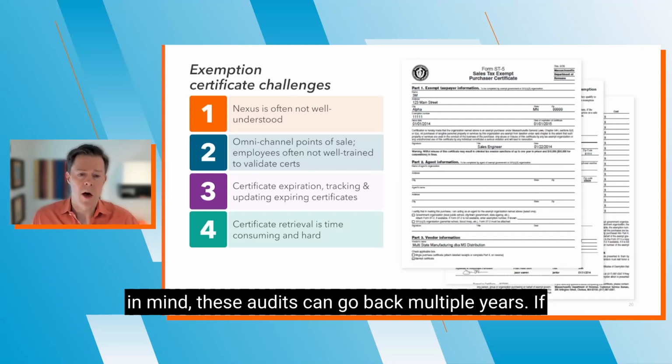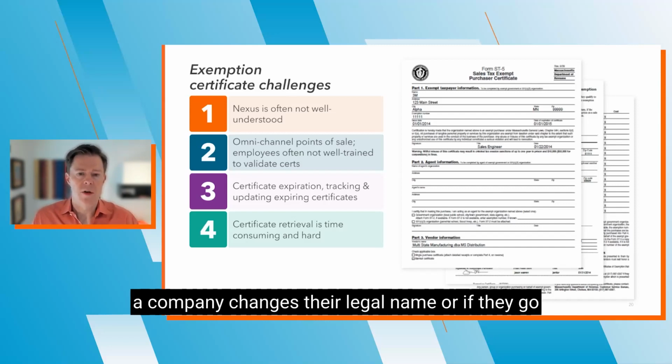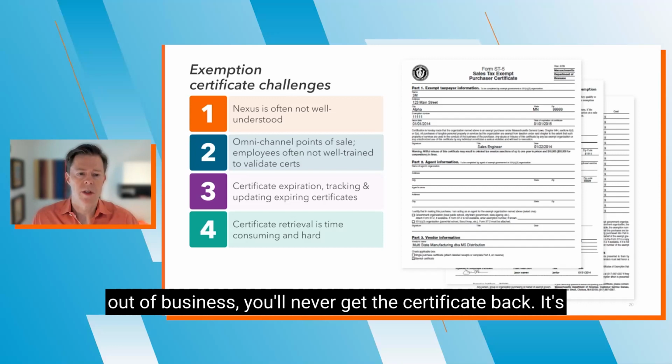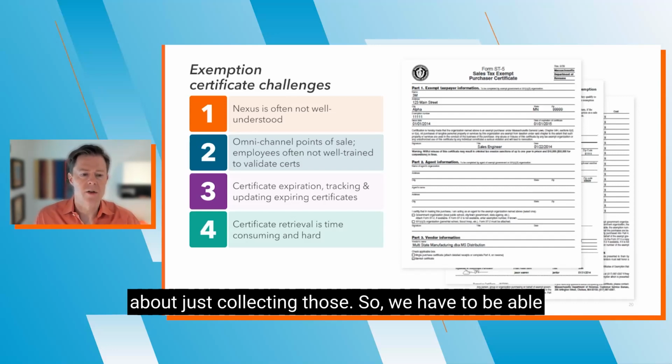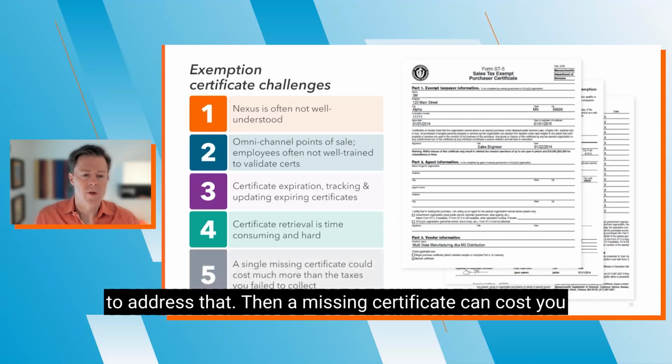Keep in mind, these audits can go back multiple years. If a company changes their legal name, or if they go out of business, you'll never get the certificate back, and it's proven to be a challenge in hearing from our customers about just collecting those. So we have to be able to address that.